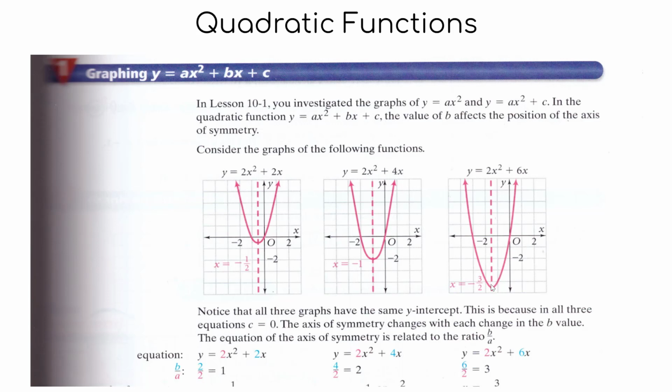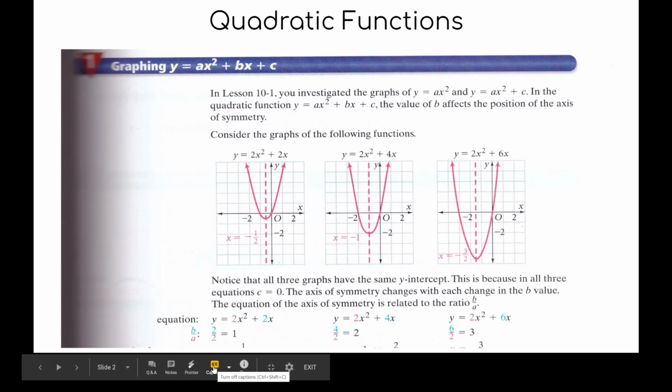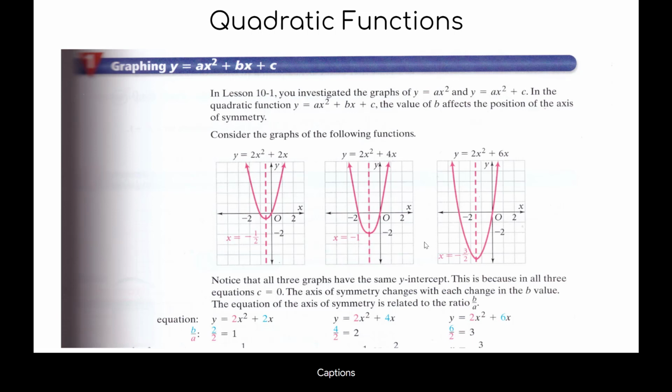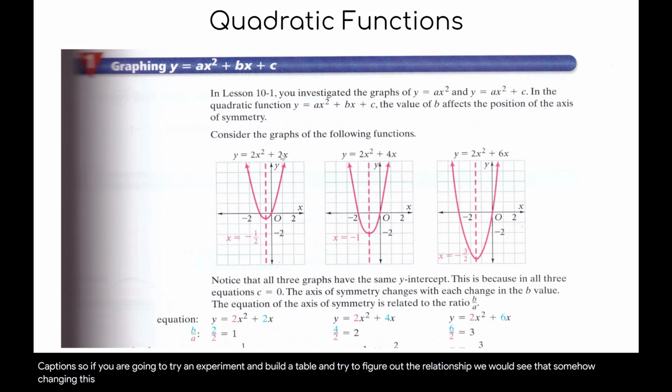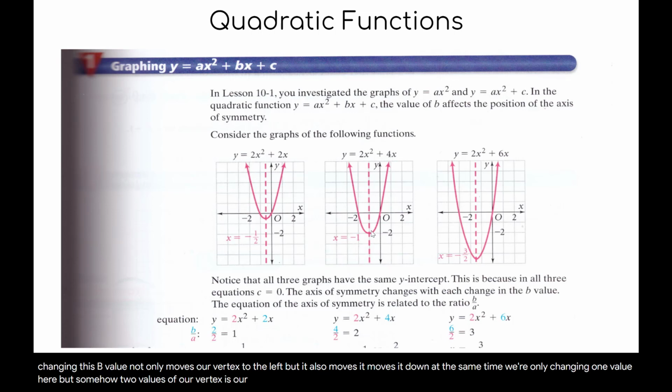If you were going to try an experiment and build a table and try to figure out the relationship, we would see that somehow changing this b value not only moves our vertex to the left, but it also moves it down at the same time. We're only changing one value here, but somehow two values of our vertex are changing. And we're going to see why that's the case here in a minute.